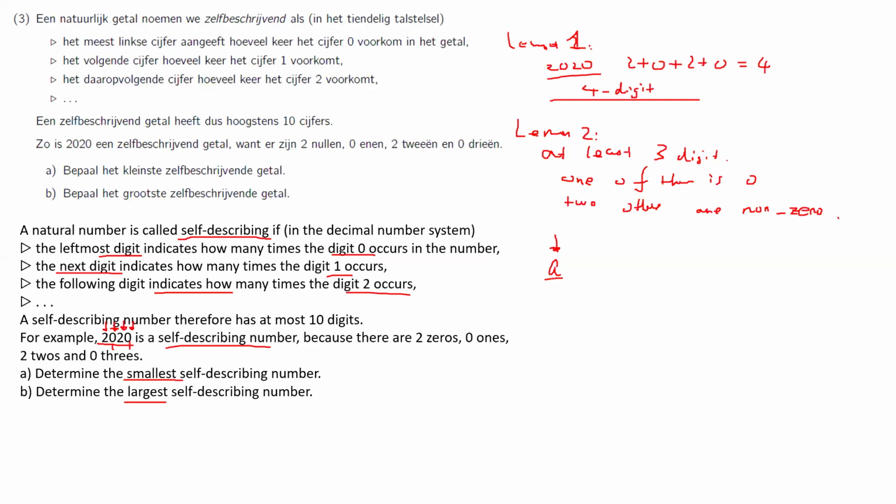That means in the self-describing number there must be the digit 0, because per the definition, the first digit stands for how many times the digit 0 occurs. So there must be at least one zero, but there can be more, right?